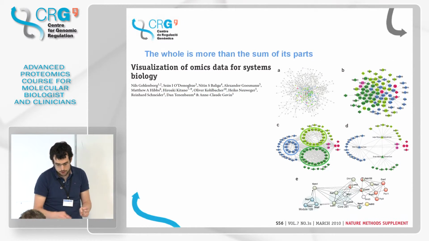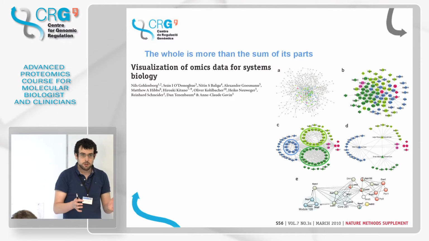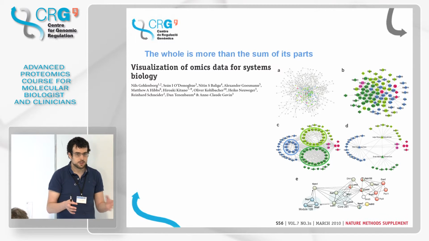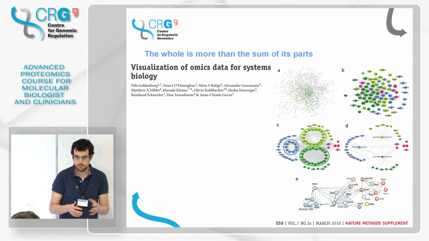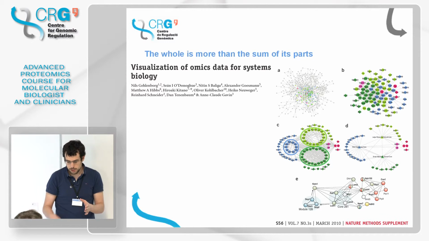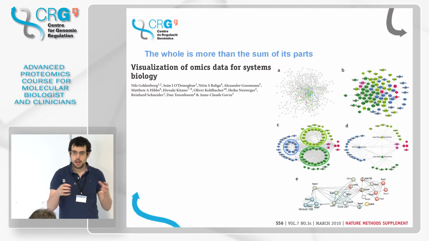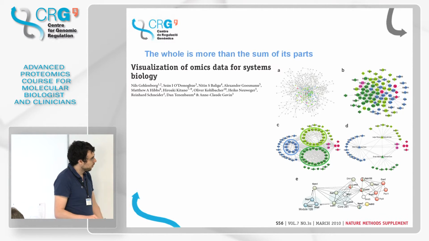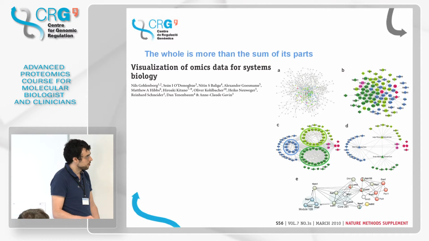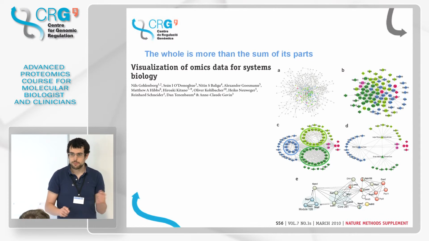And finally, let me introduce the part of visualization of proteomics data that we will deal with tomorrow during Marty's talk and Marty's tutorial, which is how we put all this data that we have, all this list of hundreds or thousands of proteins, in a way that we can easily visualize them, easily say, oh, all these proteins that were significant are associated to this particular function, these other are related to another particular function, and these other are related to a third function, right?